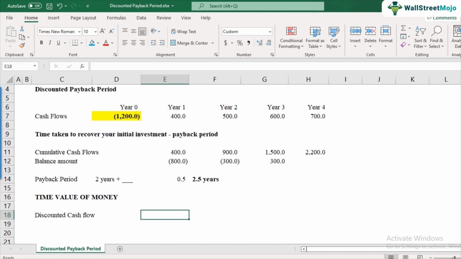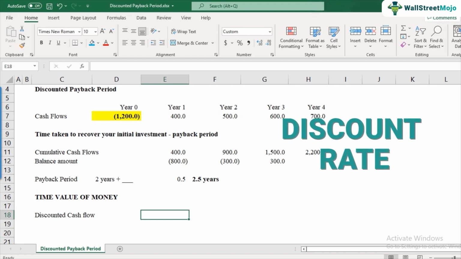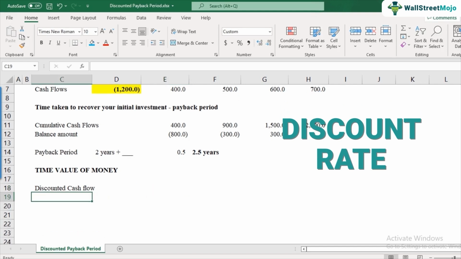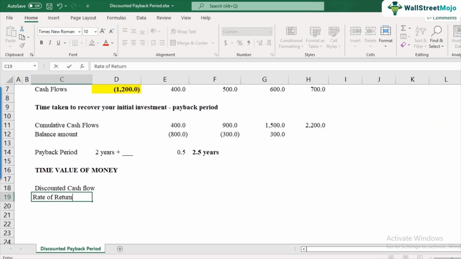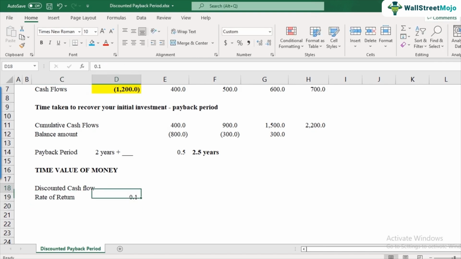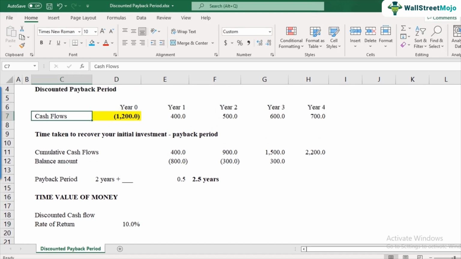But in order to calculate the present value, what else do you need? You need the discount rate, okay? Or the rate of return that you expect, all right? So let's assume that the rate of return that is expected is, let's say, 10%, okay? So what is the discounted cash flow? Instead of cash flows, remember, we are now going to use discounted cash flows.